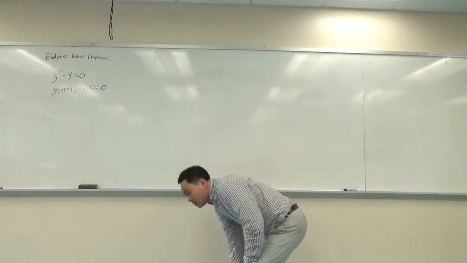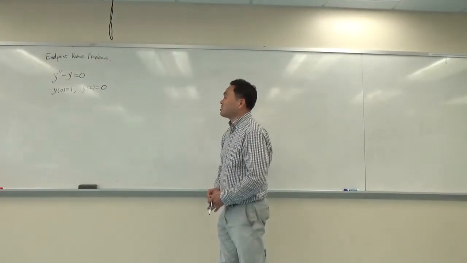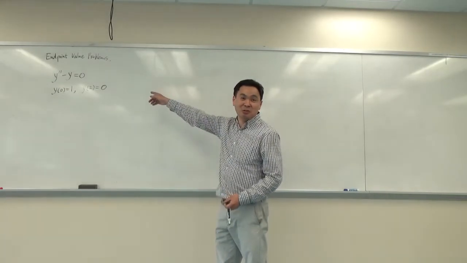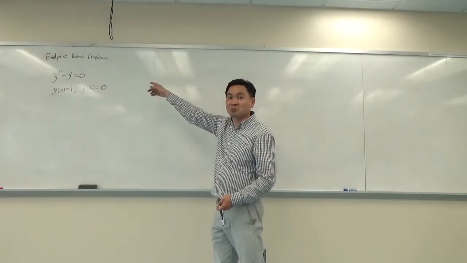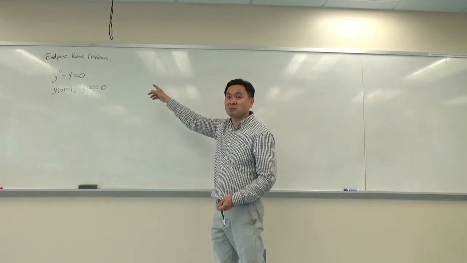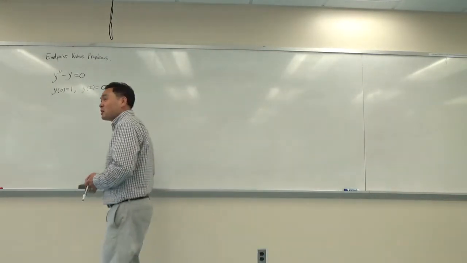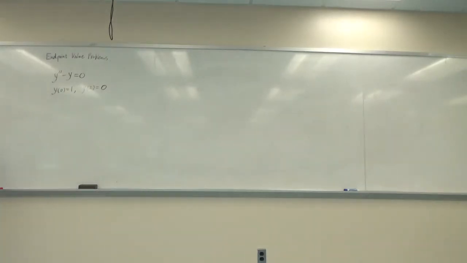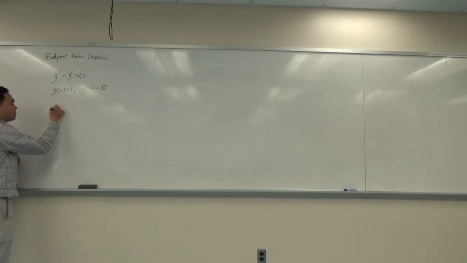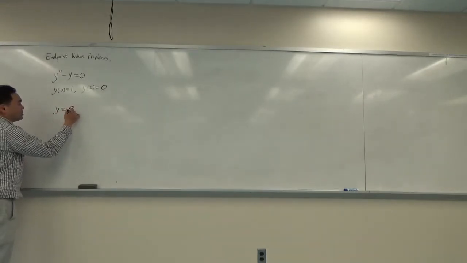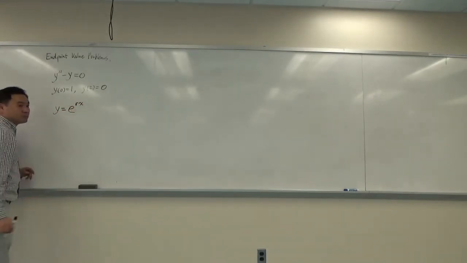But you can't be guessing blindly. It'll take an infinite amount of time trying to guess all the possible functions that satisfy y double prime minus y equals 0. So it's really an educated guess about what the solution is. And the way you do it is you say y is equal to e to the rx.